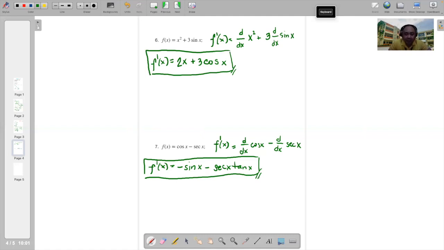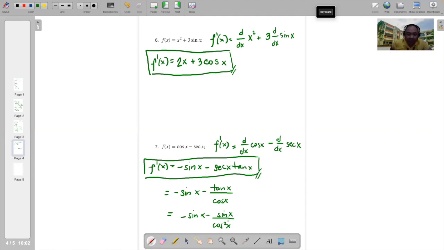That means that they will have to convert secant here with 1 over cosine. So you might get answers like negative sine x minus tangent x over cosine x. Or you might even get minus sine x minus sine x all over cosine squared x. But these are just the same expressions. These are rather equivalent expressions, and either of them will do as well as final answers.